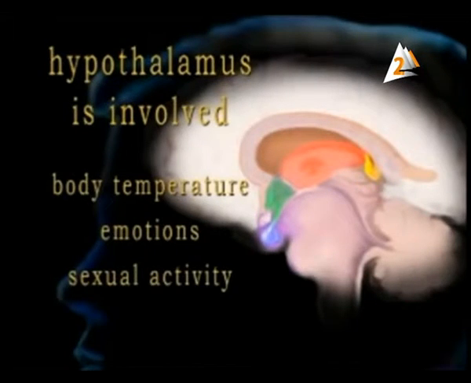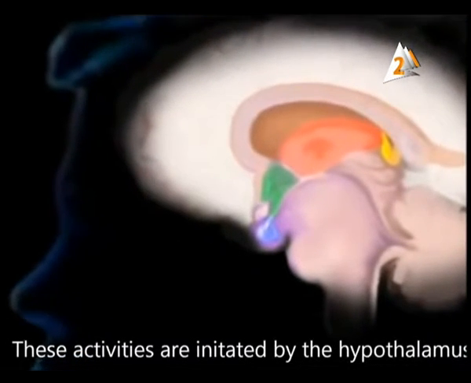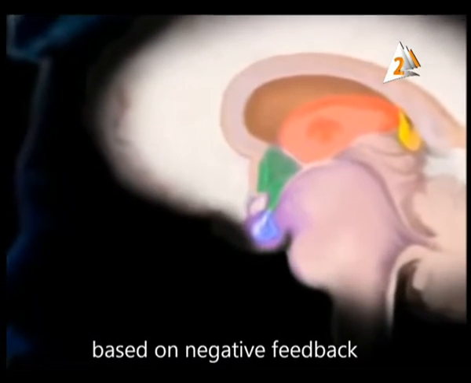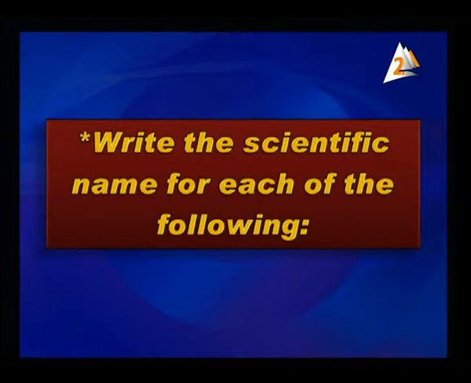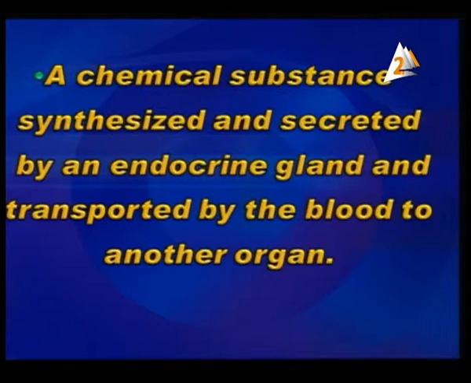After we make an overview of the first part of this chapter, we are going to examine ourselves. First question. Write the scientific term for each of the following: a chemical substance synthesized and secreted by the endocrine gland and transported by the blood to another organ.